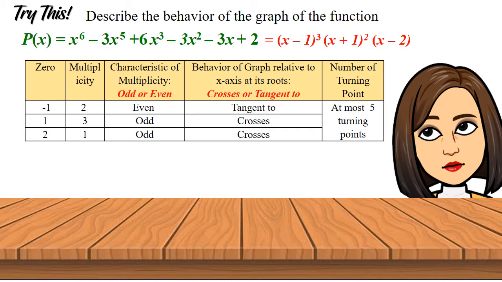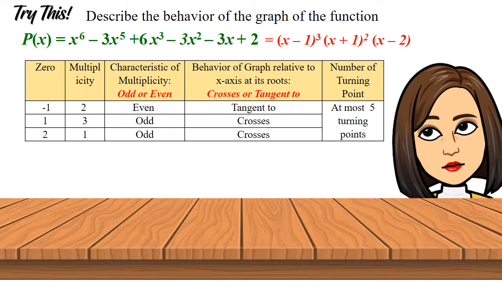Step 1. Factor completely our polynomial function. That is, p of x equals the cube of the quantity x minus 1 times the square of the quantity x plus 1 times the quantity x minus 2. So for our zeros, we have 2 odd multiplicity and 1 even.